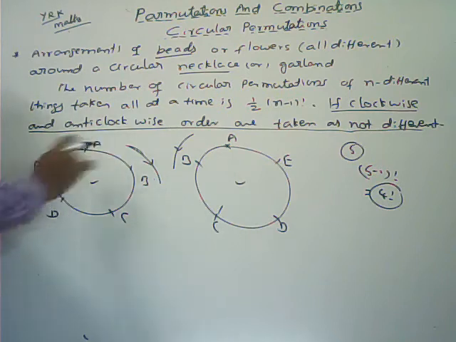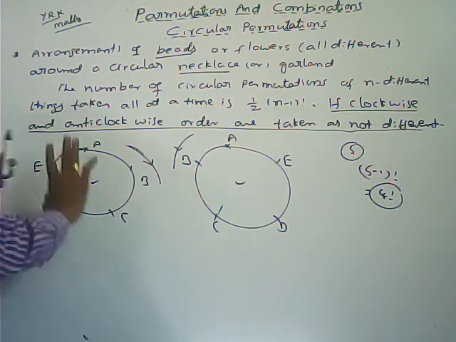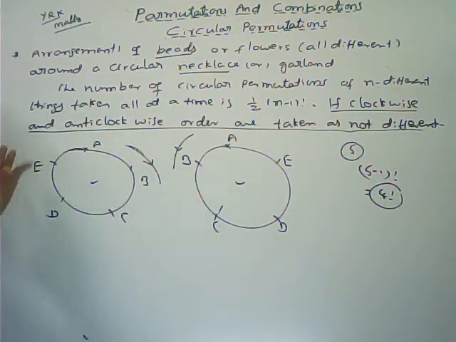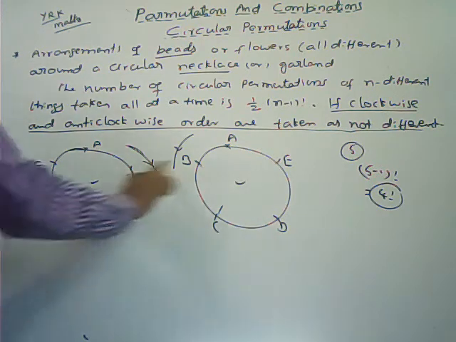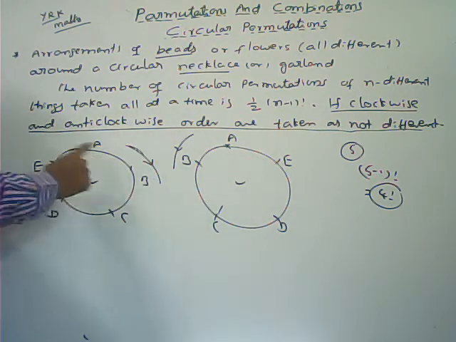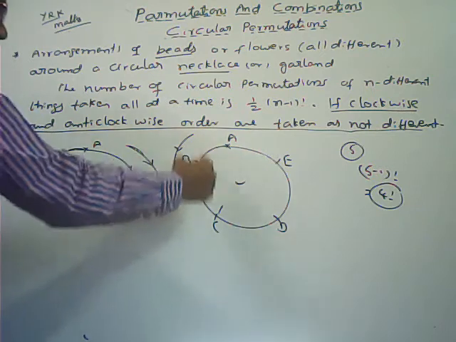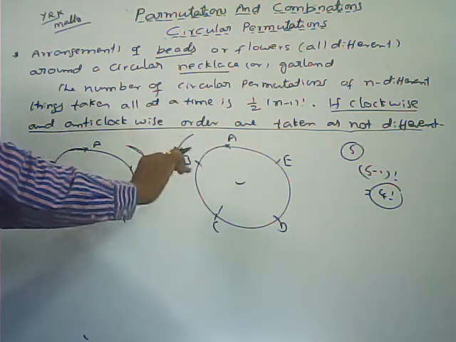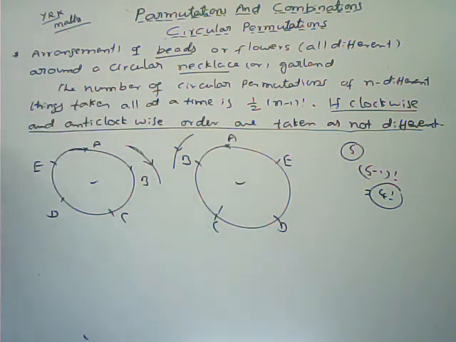Simply flip the circle, either right side or left side, and you can get this one. By flipping the circle, we can get this arrangement. Both are different circular permutations if they say objects or persons.